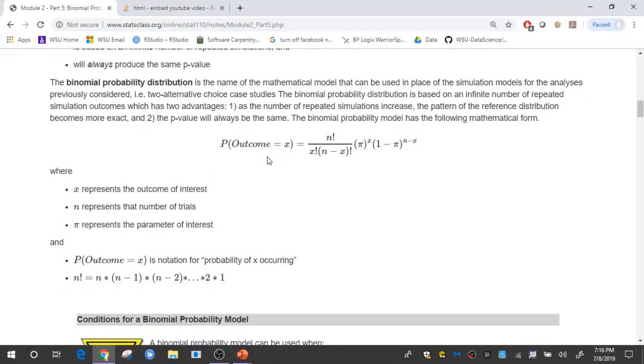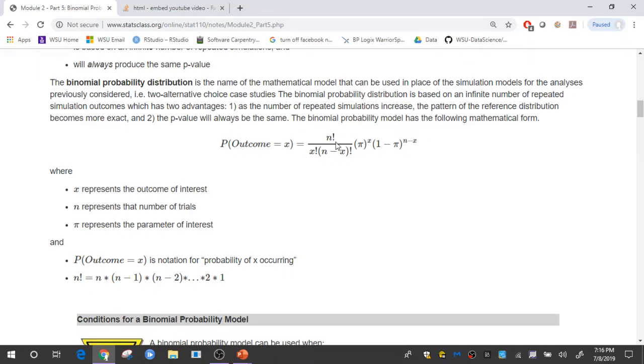So the binomial probability distribution has the following form here. The formula is actually kind of ugly. We're going to let the spreadsheet do all of the calculations for us. Some of the syntax here: the probability of the outcome being equal to x is just the probability of x occurring. The factorial notation, so n factorial, let's suppose that n was 4.